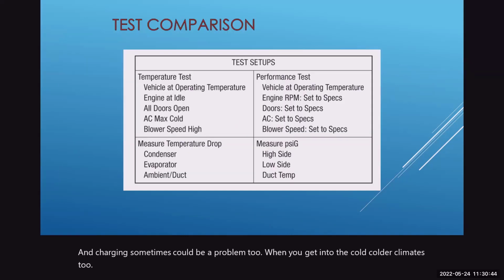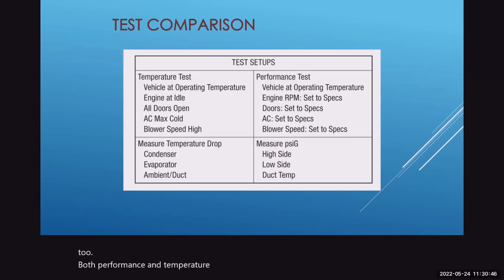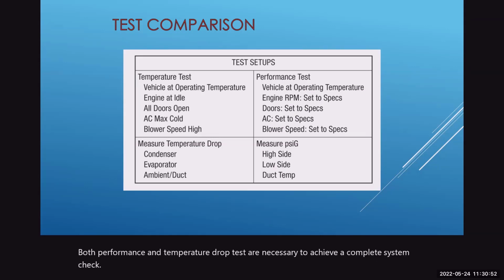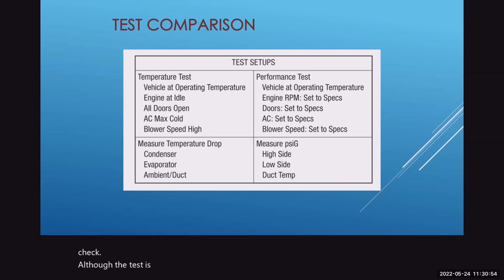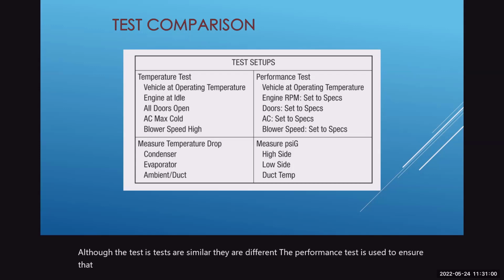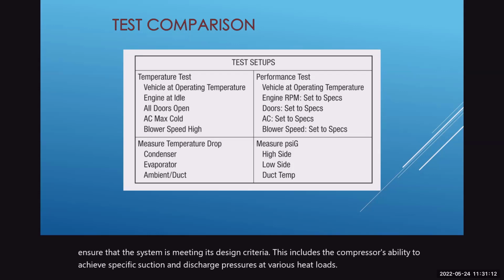Performance and temperature drop tests are necessary to achieve a complete system check. Although the tests are similar, they are different. The performance test is used to ensure that the system is meeting its design criteria. This includes the compressor's ability to achieve specific suction and discharge pressures at various heat load conditions.